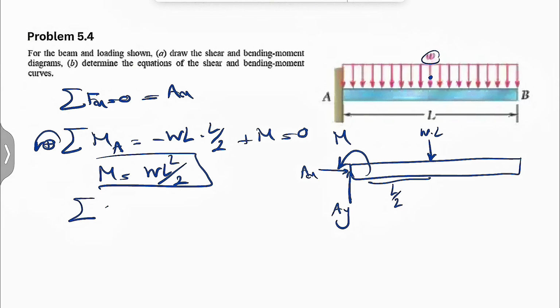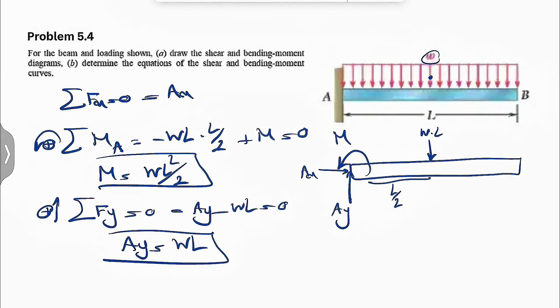And we can find the sum of all forces in Y equals 0. Just consider this a positive Y direction, which we have AY minus WL equals 0, so AY is WL. So now we have the unknowns that we were trying to figure out.